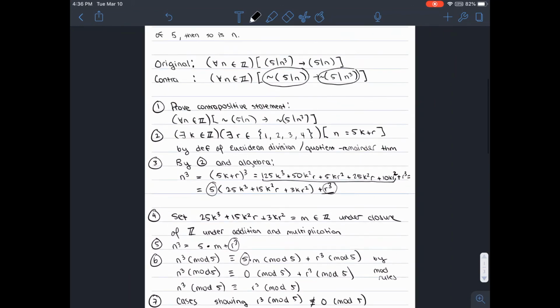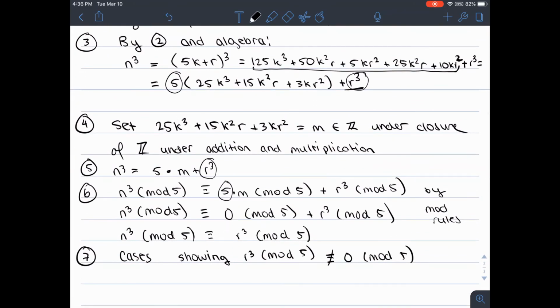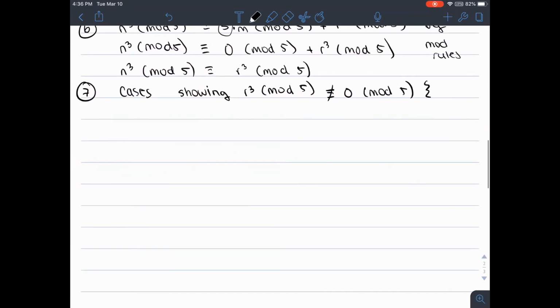We've previously defined r as 1, 2, 3, or 4. Thus, we have 4 cases where r is 1, 2, 3, or 4 respectively. So, case 1, r is equivalent to 1.